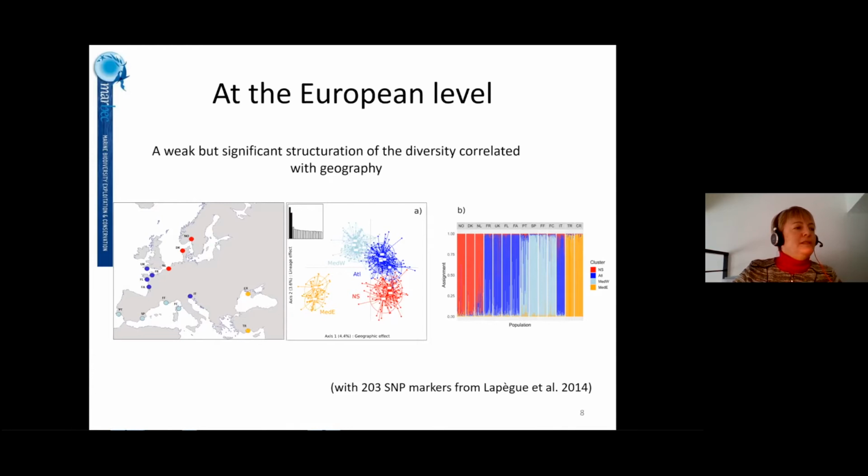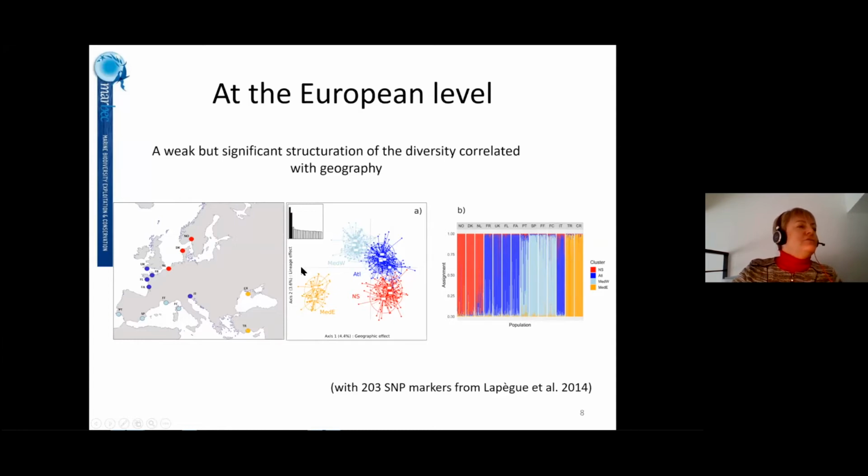A small part of the genetic variation is explained by those two axes, but it's still significant. On the first axis, we can see a geographic effect from the north to Atlantic, Mediterranean West, and Mediterranean East.